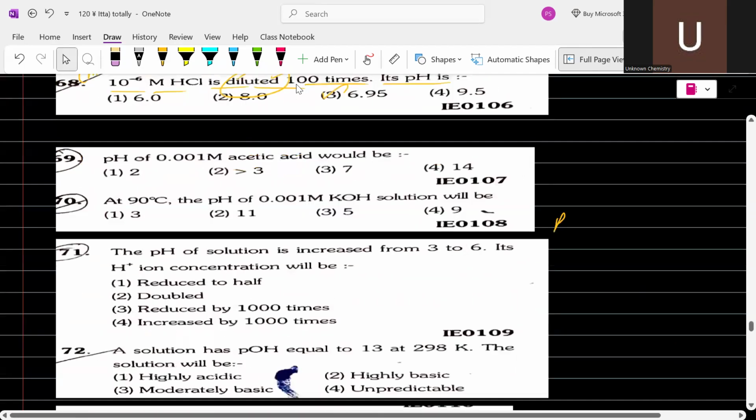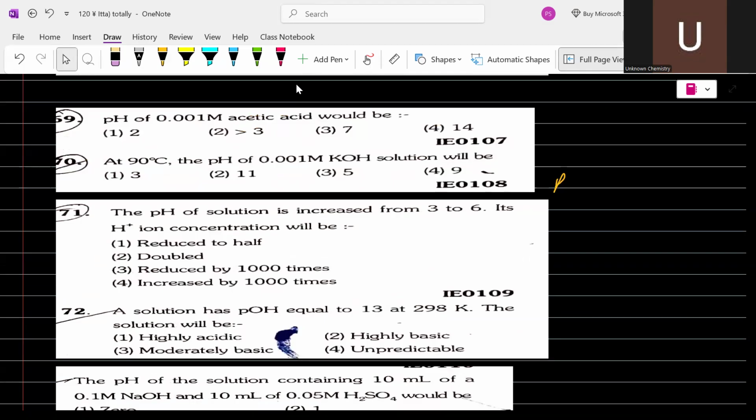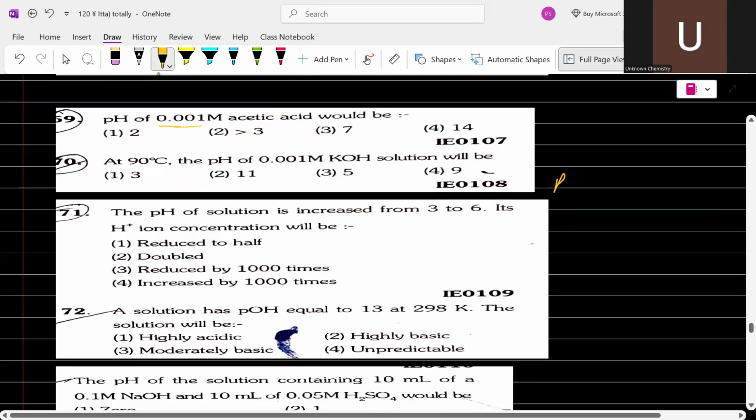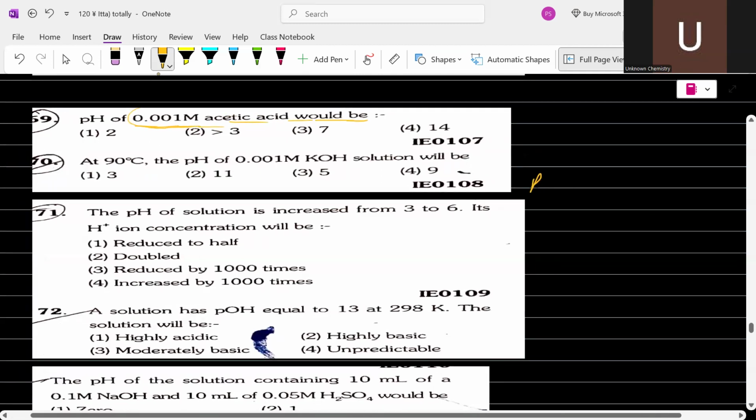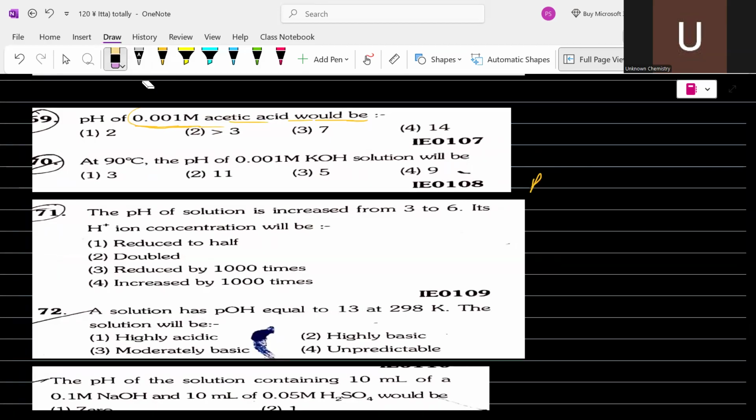Let's solve the next question. Here in the next question, the pH of 0.01 molar acetic acid would be. Now understand, acetic acid is a weak acid, and its pH depends upon the degree of dissociation.